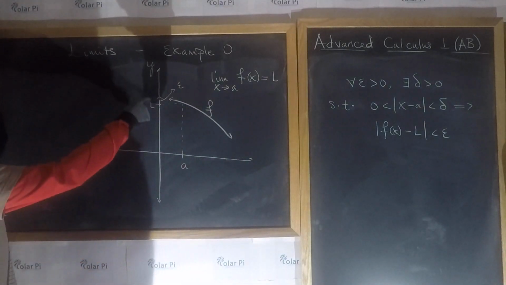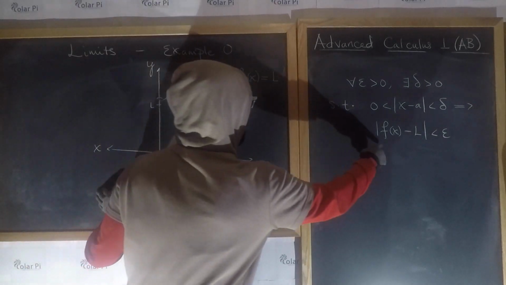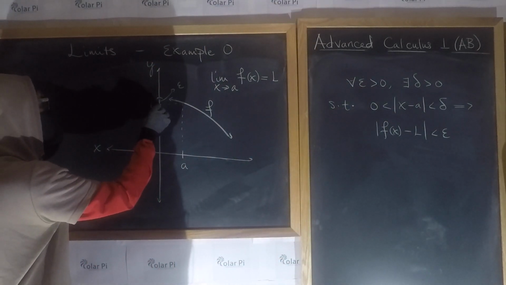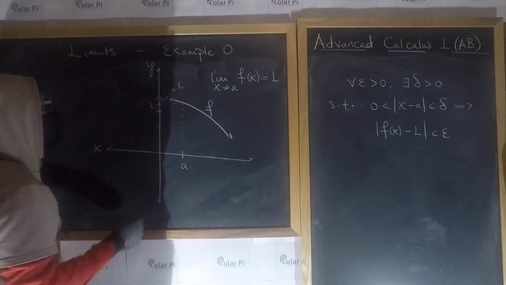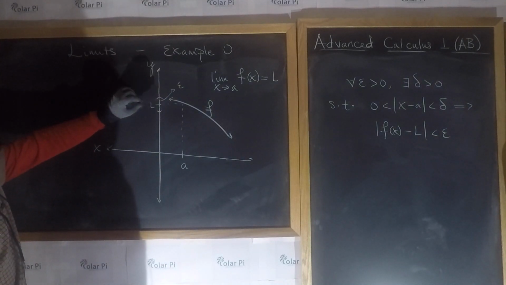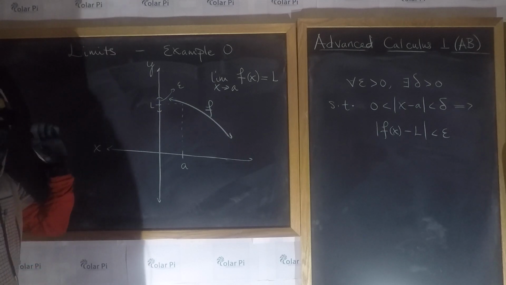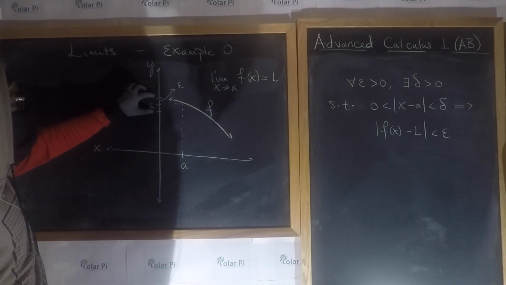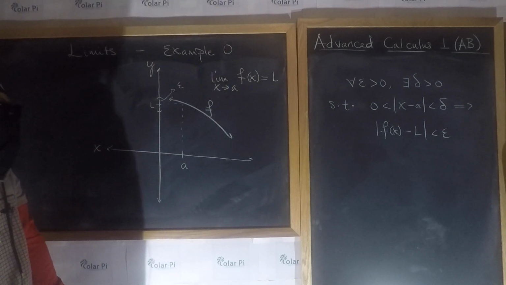So you set your epsilon, and because this is an absolute value statement, we have to consider not just L plus epsilon, but also L minus epsilon. So now we have an epsilon neighborhood about L. You specify some epsilon, and we create an epsilon neighborhood about L, and this is a challenge you give me.